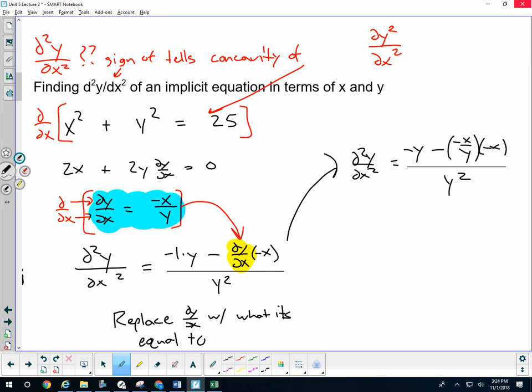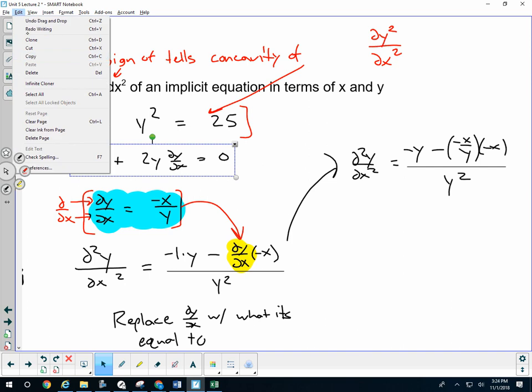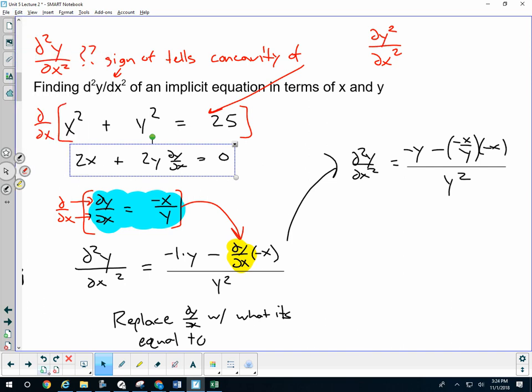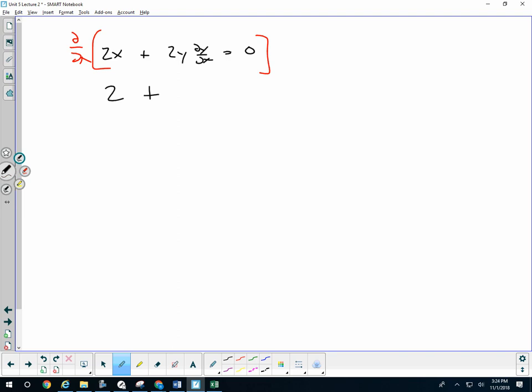Now let me show you, if we go back to the original, we got the derivative. Let's see what happens if I took the derivative of this step before I solve. I'm going to just throw it over here. So this would be taking the derivative 2 times in a row. We can just watch. So I get the derivative of 2x, which is 2. The derivative of 2y dy/dx.